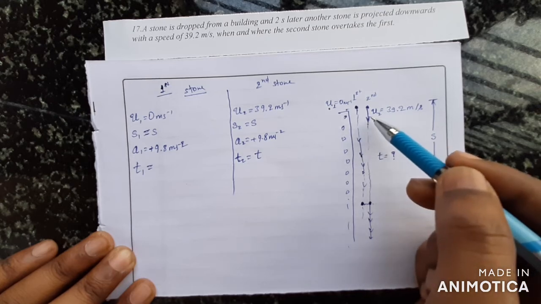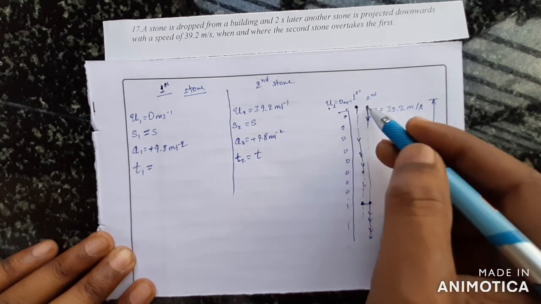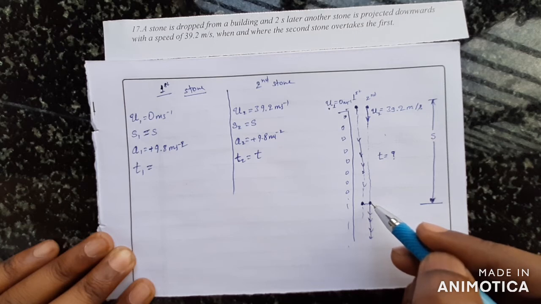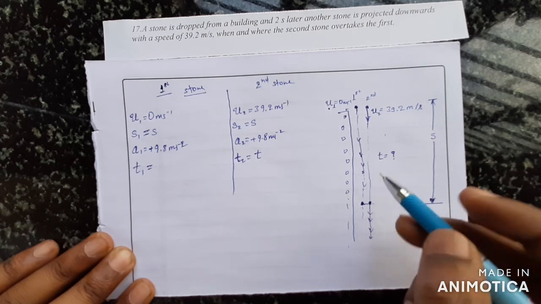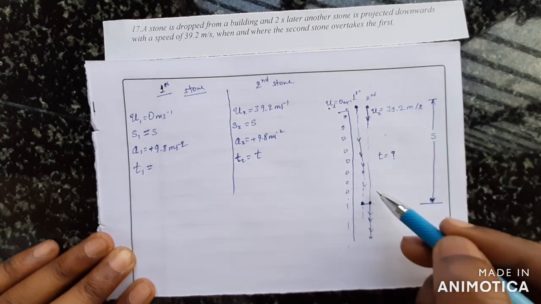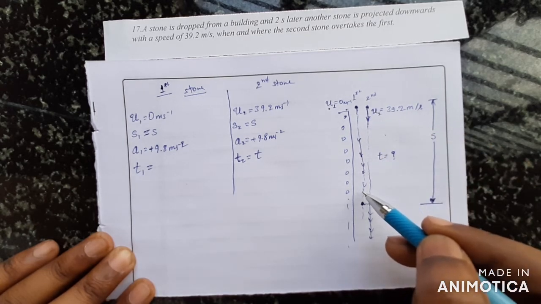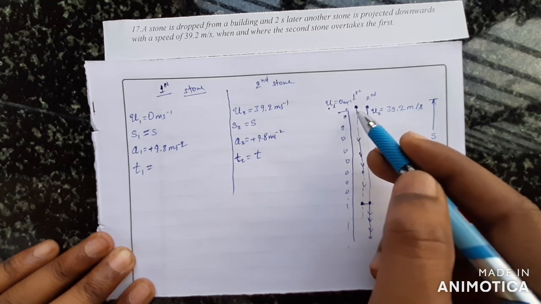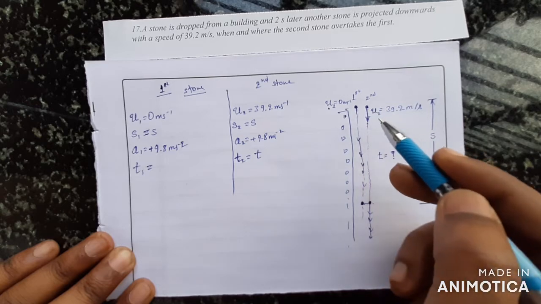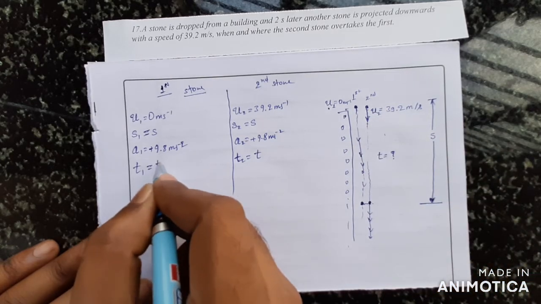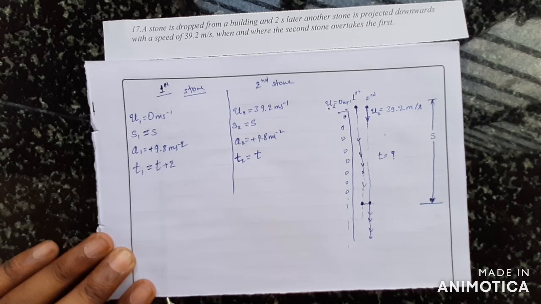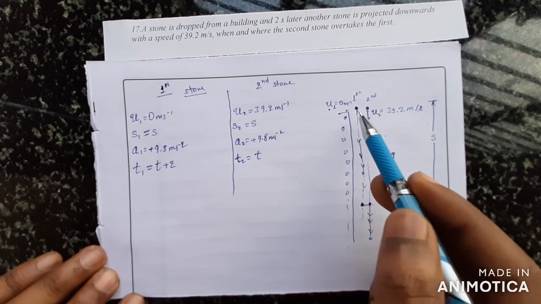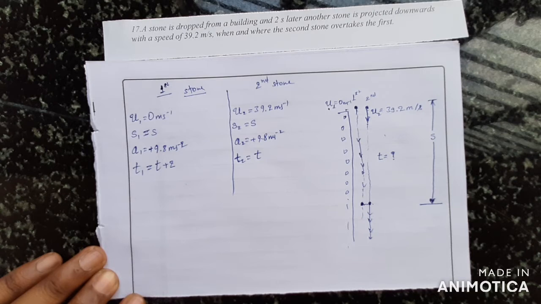If the second stone takes, say, 10 seconds, then the first stone should take 12 seconds, because it is dropped 2 seconds earlier. So t1 will be equal to t plus 2, because the first stone is 2 seconds earlier than the second stone. So we need to calculate two terms here.